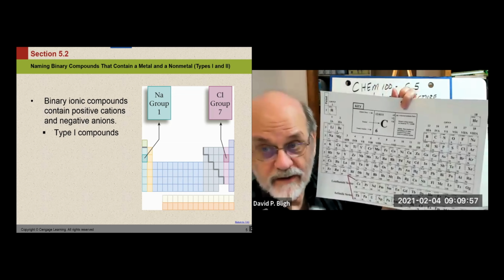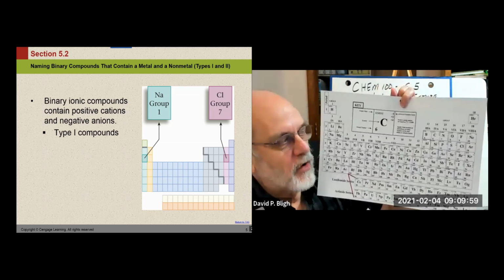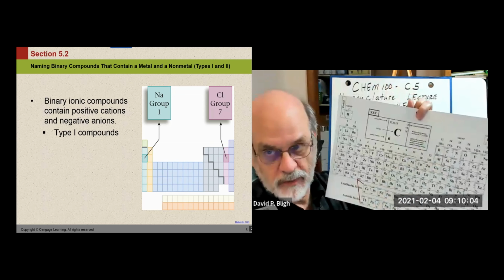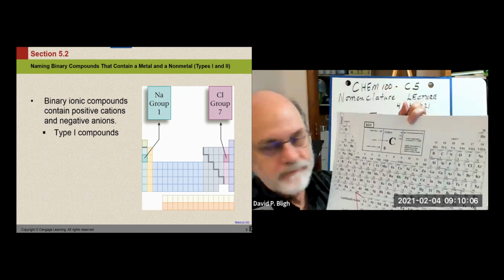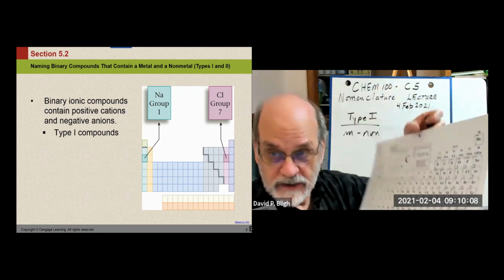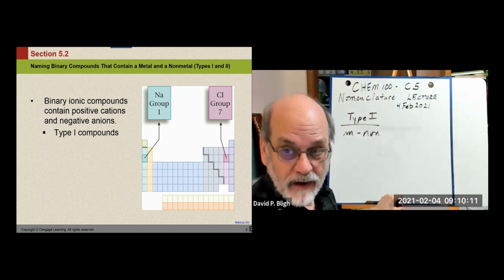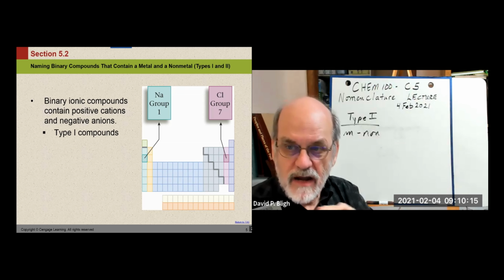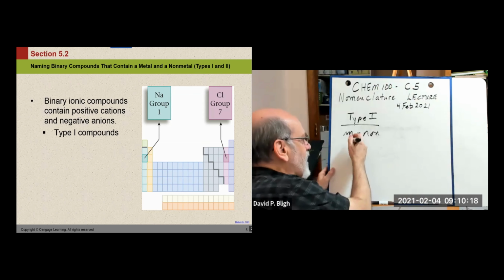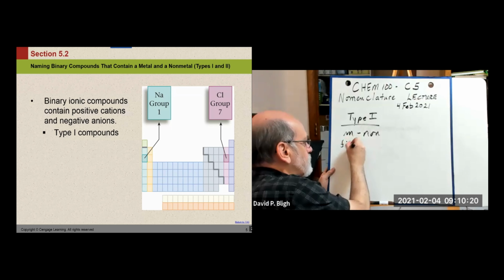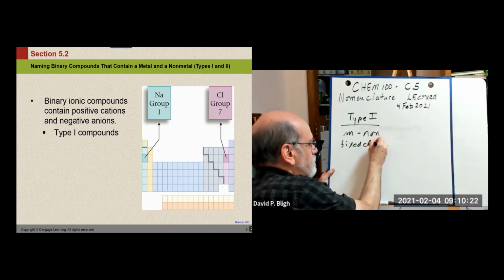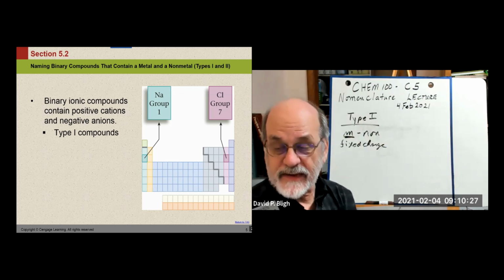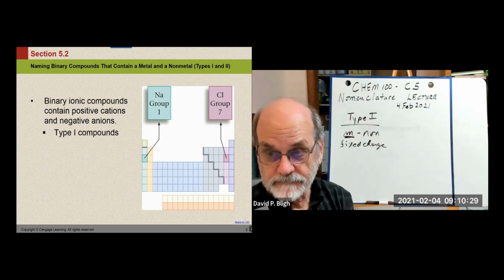They can go both ways. So we need special considerations for any members of that group. But don't be too concerned about those right now. We're talking about type 1 compounds. And if the metal comes from the first, second, or third group, it has a fixed charge and nothing else. So the metal has to be fixed charge. That's the condition for type 1 compounds.